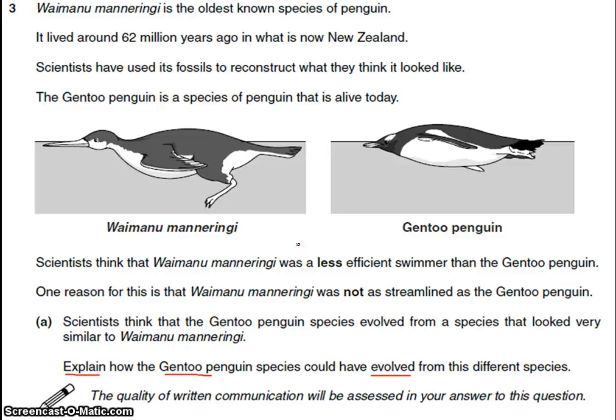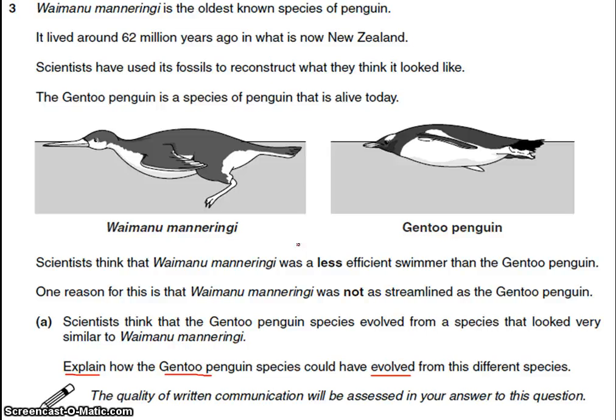Now what you have to then consider is how a variation or an adaptation could lead to being more successful in part of the food chain, being more successful in competition. When we talk about animals competing with each other, it could be that they're competing for food, competing for space, competing for a mate, and it's how your adaptation is going to make that more effective.